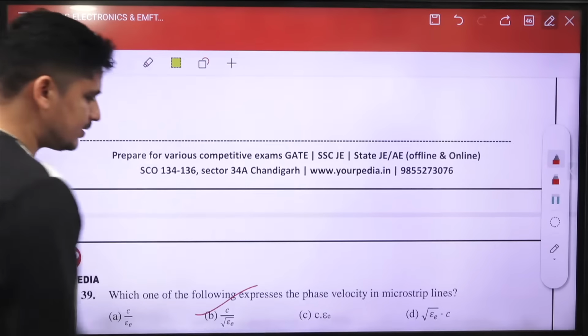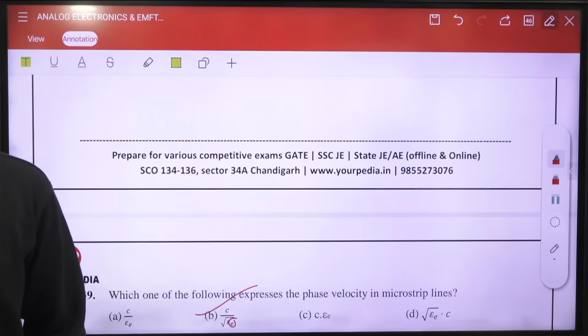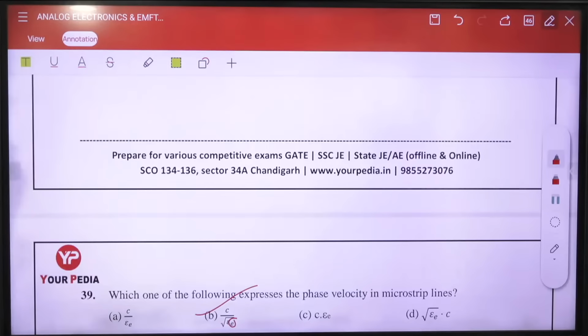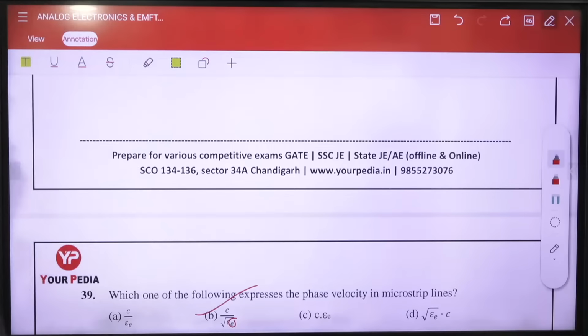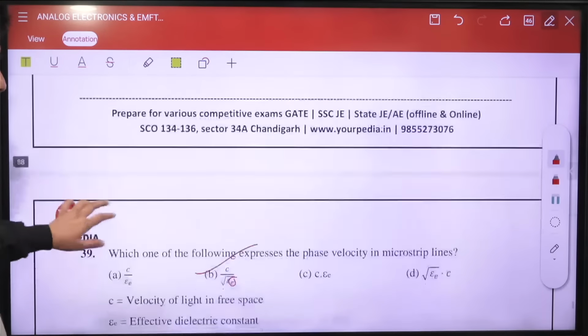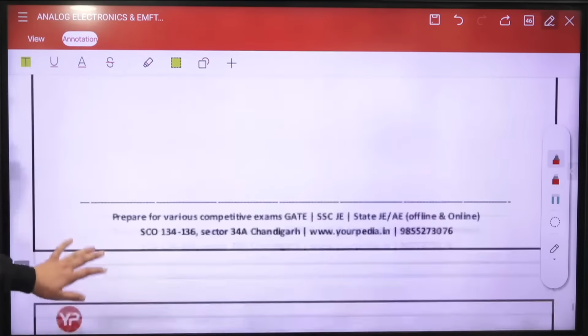Answer will be B. C upon root of epsilon effective. This is the effective permittivity, because when we are talking about a microstrip line, the permittivity inside that microstrip line is different from the normal permittivity. That's why this formula is C upon under root of epsilon effective. Answer is B.